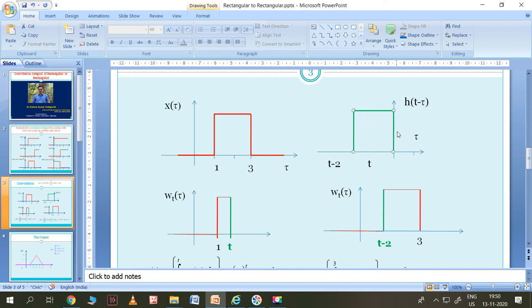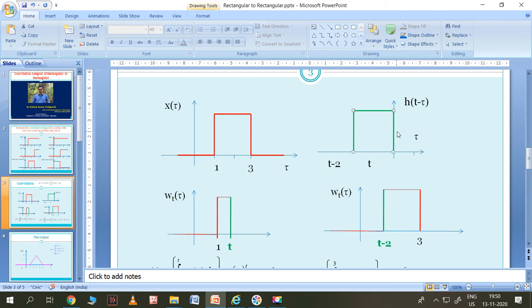Now I want to shift this t units to the left side, because here my thing is h of t minus tau. So I need to shift towards the left side by t units. Here the signal is from 0 to 2. So the time folding operation has been done, and it is from minus 2 to 0 now.